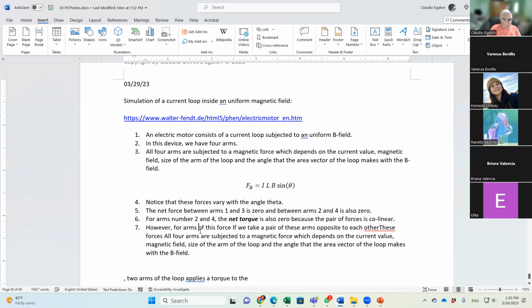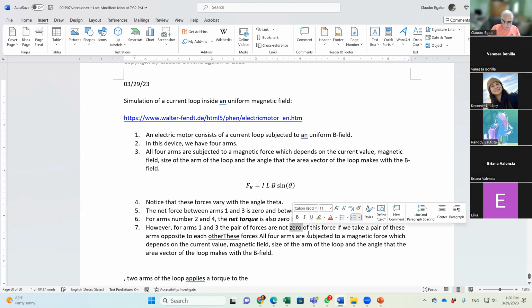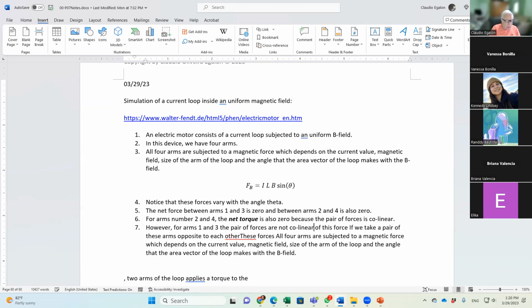However, for arms 1 and 3, the pair of forces are not collinear all the time.